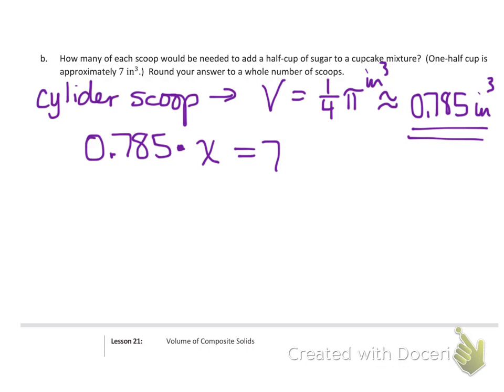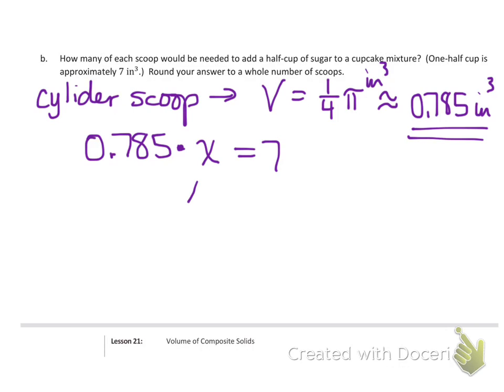So let's see why this makes sense. This is the volume of 1 scoop in the cylinder scoop. Multiply it by some number. You know, if I had 2 scoops, then it would be 2 times this. If I had 3, it would be 3 times this. So how many of these are in that? So that's what this equation is doing for us.